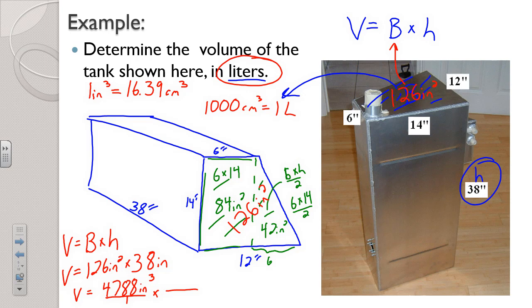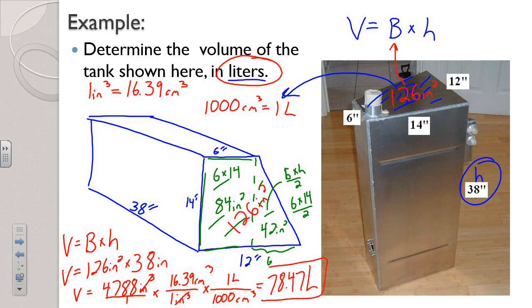So let's use those two conversion facts. 1 cubic inch is 16.39 centimeters cubed. That cancels those off. And 1,000 cubic centimeters is 1 liter. So now you can reach for your calculator, and when you multiply that, you get about 78.47 liters, and we've answered the question. That is the approximate volume of that tank.